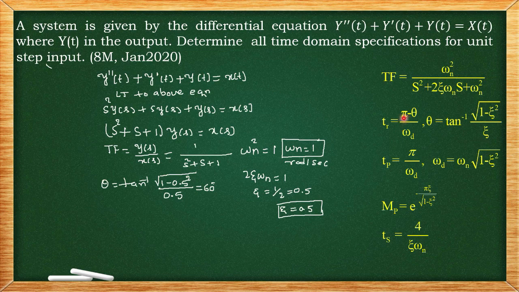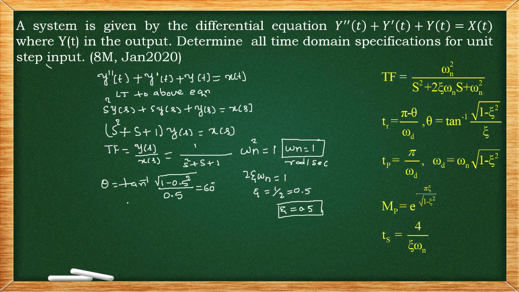Pi is in radians, theta is in degrees. Usually this is the mistake we make in examinations, so please always keep the theta value in radians.